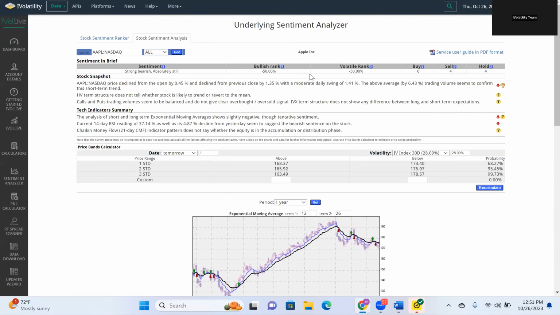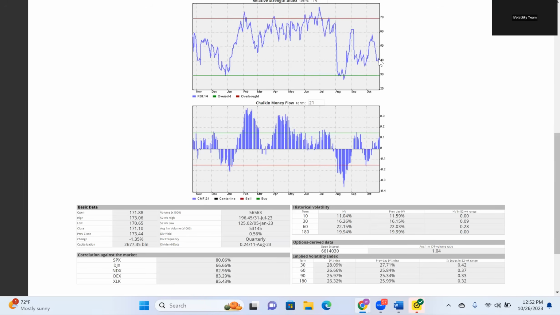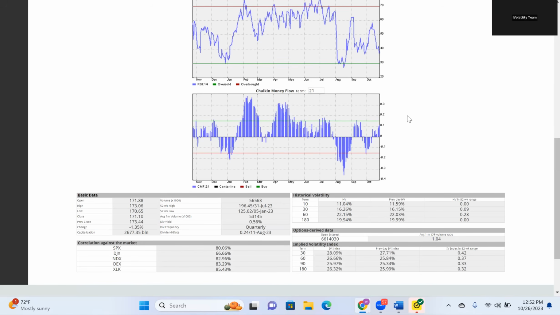Strongly bearish, absolutely still. My rankings here are kind of in the middle. I'll skim through this and make sure it goes along with my overall thesis, which in this case, yep, here we are, RSI, chalk and money flow, which just turned bullish actually, which again is good, right? Because if I do get put, if I do own shares, I want to earn the dividend, and then I want to benefit from an uptick in price.